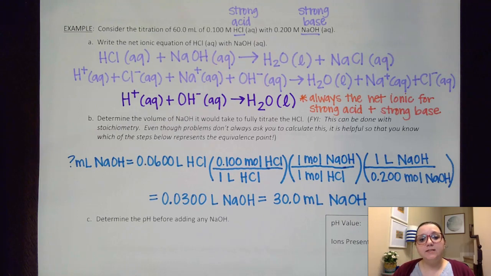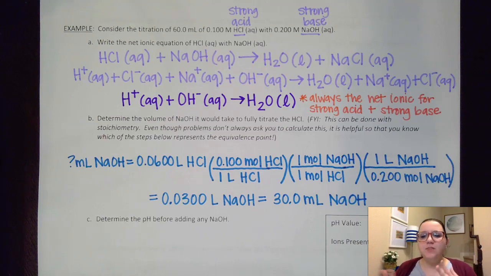So on this next step of the problem, they want us to determine the volume of NaOH it would take to fully titrate the HCl. Basically, what they're asking us to do is to figure out what volume would I need of the sodium hydroxide in order to reach the equivalence point where the HCl and the NaOH were fully canceling each other out.